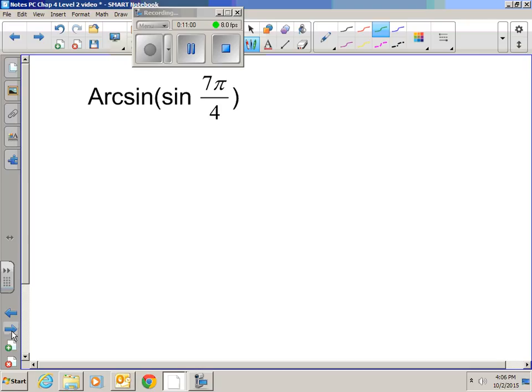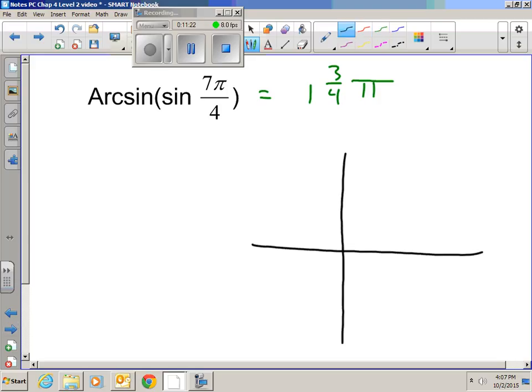In this case, it looks like the arcsine and the sine might just cancel each other out. I'm looking at sine of 7 pi over 4. 7 pi over 4 is 1 3/4 pi. So I have an angle of 1 3/4 pi, which I know is in the fourth quadrant, because I can make a fourth quadrant angle right now.